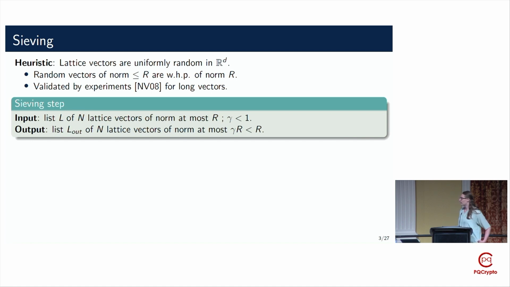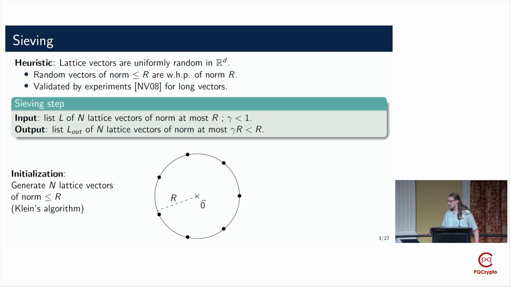We start with n lattice vectors of norm at most R, and we want to compute n lattice vectors which are reduced by a factor gamma. So to solve SVP using this method, we start by initializing a list with n lattice vectors, with n exponential.